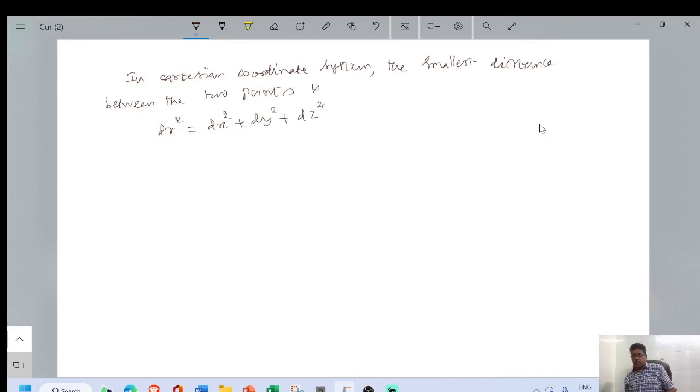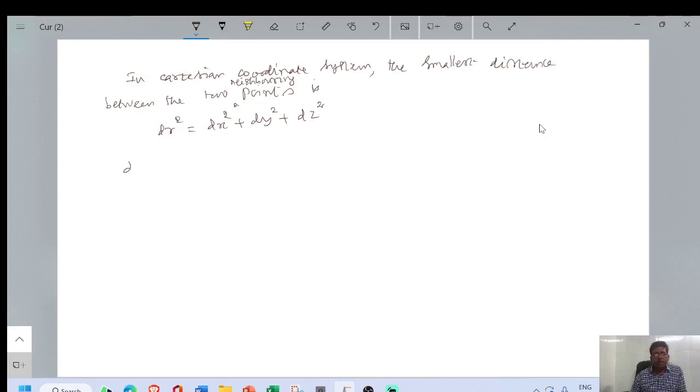In this way we can write the smallest distance between the 2 neighboring points. Now we have to express this in terms of our q1, q2, q3.